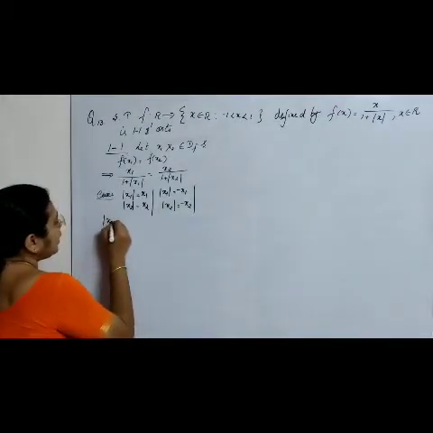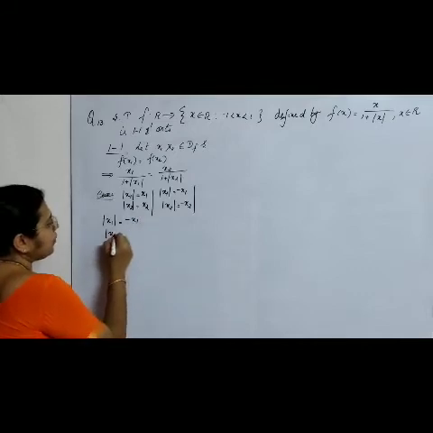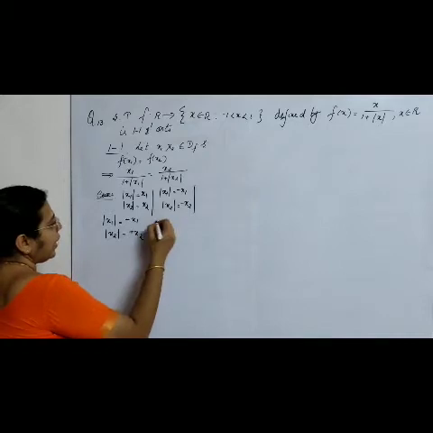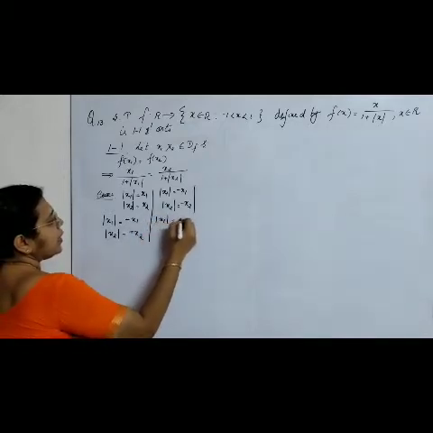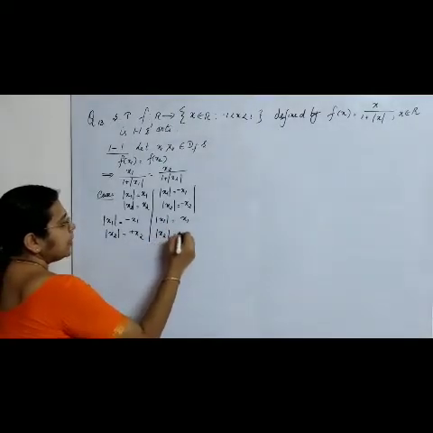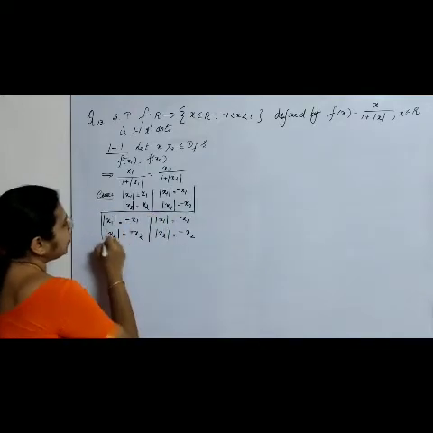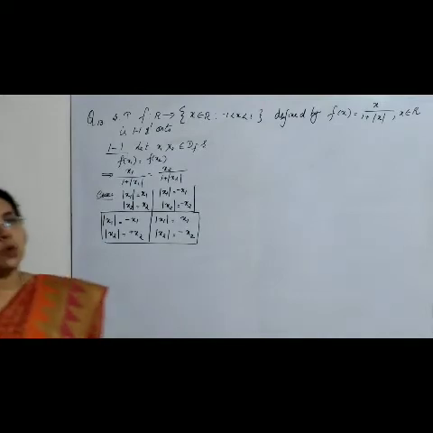In the third case, modulus of x1 is negative x1 and modulus of x2 is positive x2. And finally, modulus of x1 is positive x1 and modulus of x2 is negative x2. So these are the four cases which we need to discuss to prove that this function is 1 1.